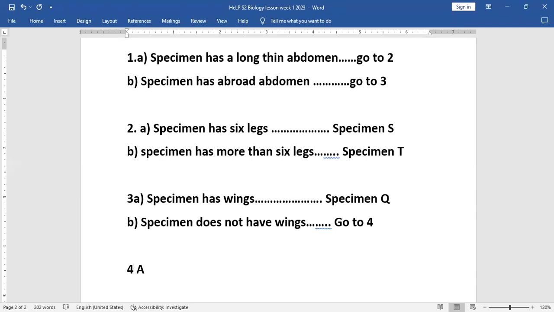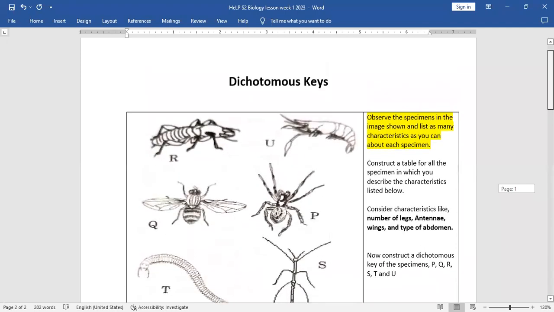I want you to look at them and tell me what I am supposed to use to distinguish them. So you keep checking on your specimen or on the characteristics you wrote. Do you see the specimen we have now? We have R, U, and P. So guide me. What can we use to separate them?